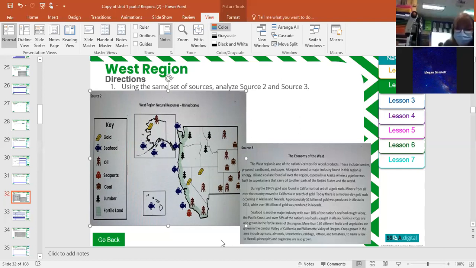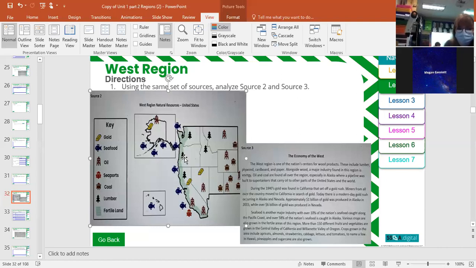Here this says more than 150 different fruits and vegetables are grown in the Central Valley and in the Willamette Valley of Oregon. Crops include apricots, almonds, strawberries, cabbage, lettuce, tomatoes.